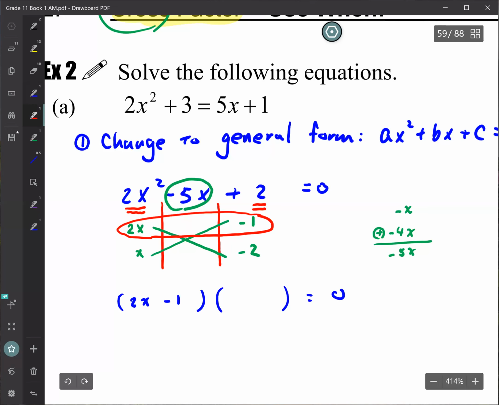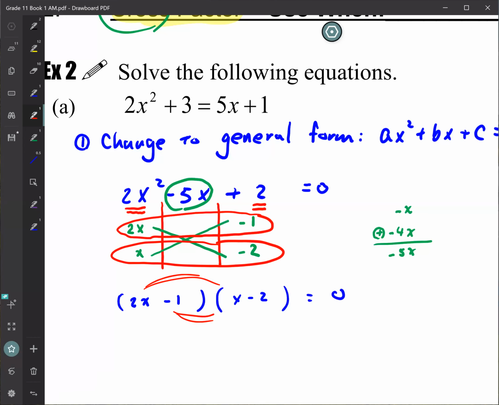So the second pair will be x minus 2. Okay, you can double check if this works if you expand everything, multiply everything out with FOIL, then you should go back to the expression before factoring.